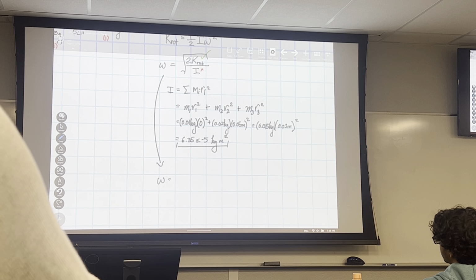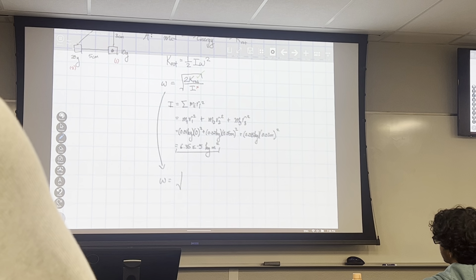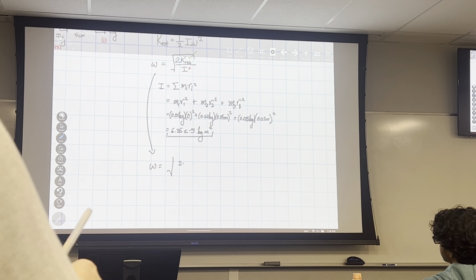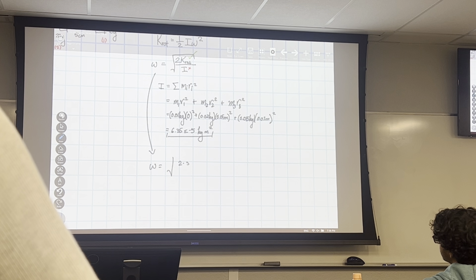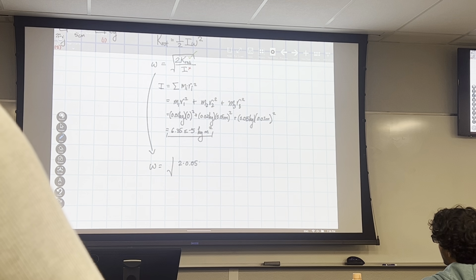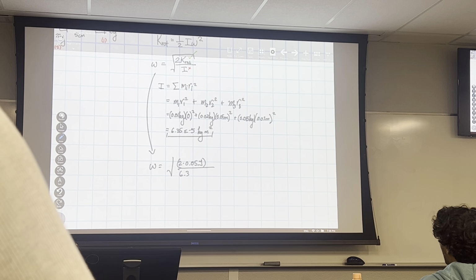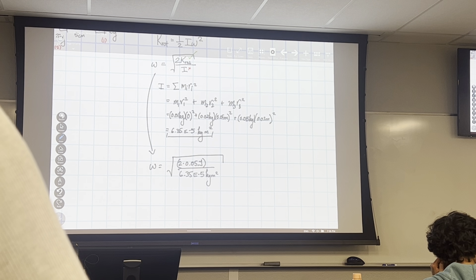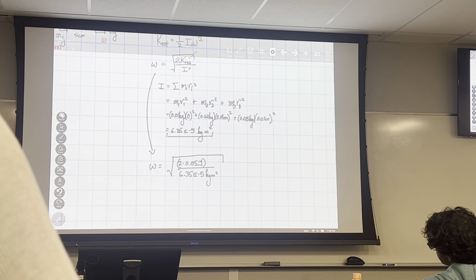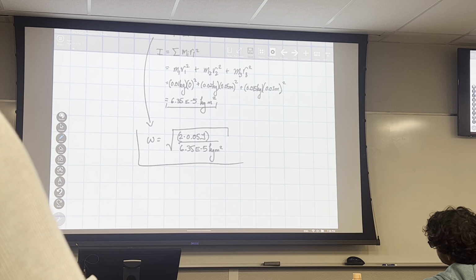You get omega is equal to the square root of 2 times 0.05 joules divided by 6.35 times 10 to the negative 5th kilogram meter squared, square rooted.